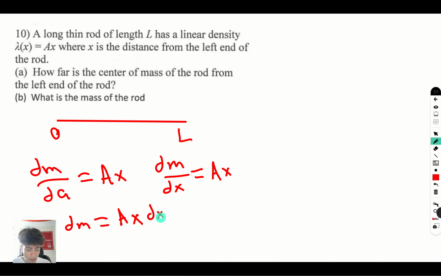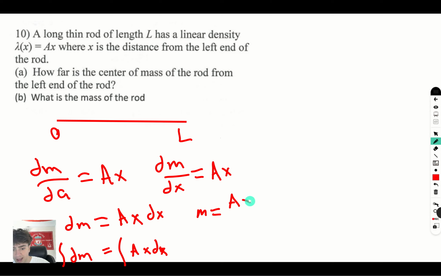And from here we're going to integrate both sides in order to find our value of m. On the left side of the integral we'll get m, and the integral of ax dx will simply be ax squared over 2.